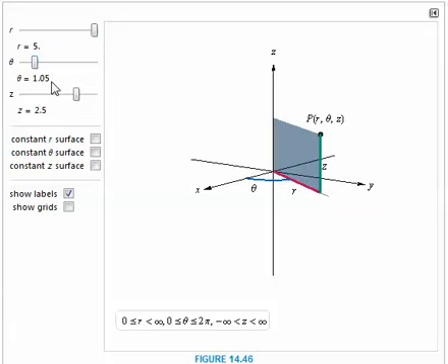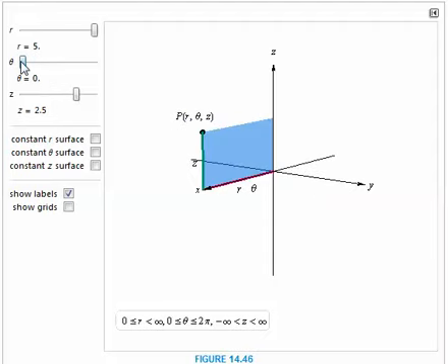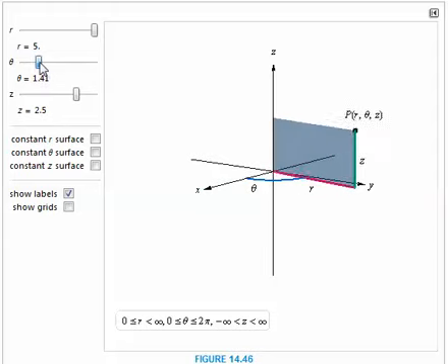Theta. Theta here is in radians. It's not in the pi over whatever that you're used to, but these are radians. So at theta equals 0, your point would have to be on the x-axis somewhere. And let's see if we can find pi over 2.